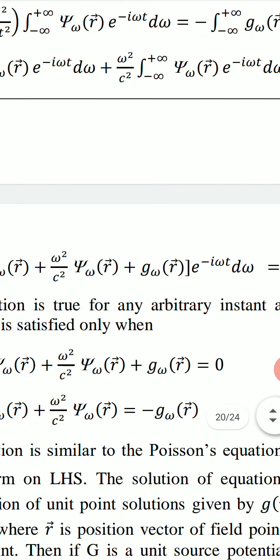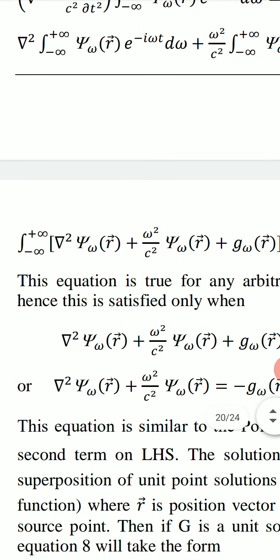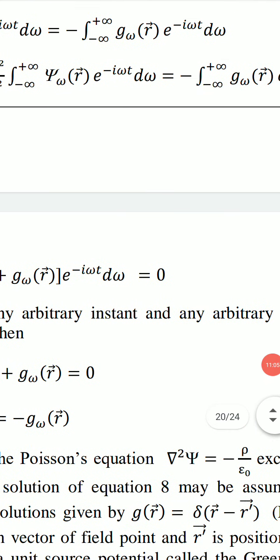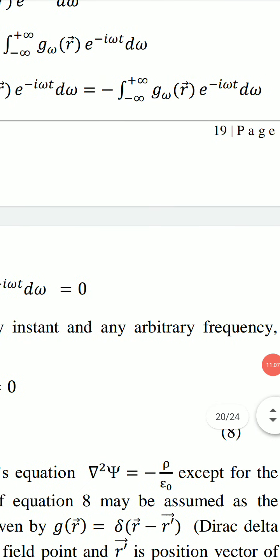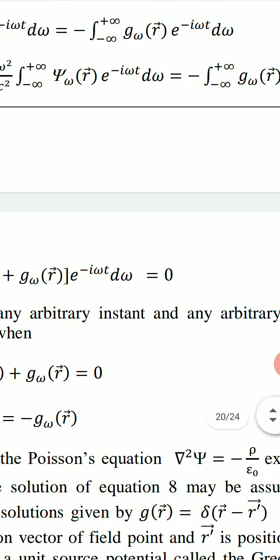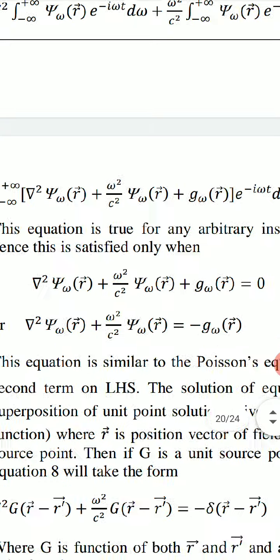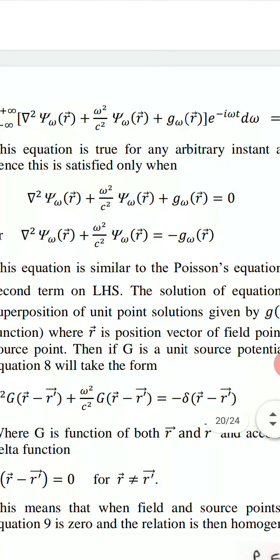Now we take this integral as common. E to the power minus I omega t d omega is also common, and bring this right hand side into left hand side, so that this minus g omega r becomes plus g omega r in left hand side, and we have this equation.